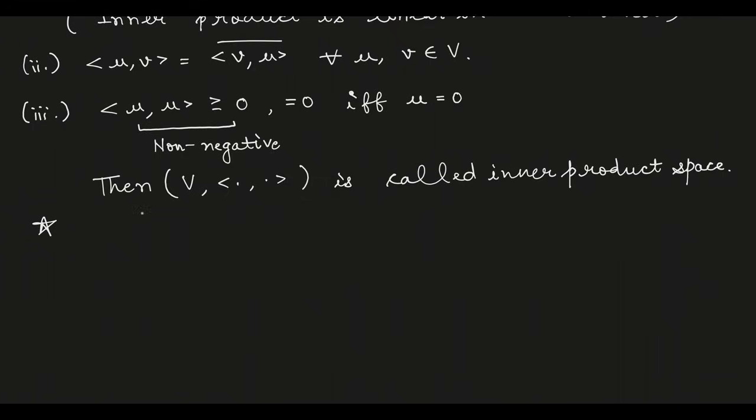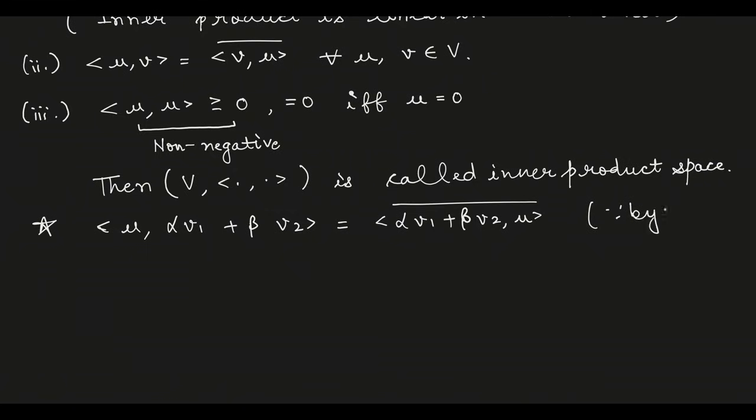Now another property: inner product of u comma alpha v1 plus beta v2. Now I can use property 2 and write it as the conjugate of inner product of alpha v1 plus beta v2 comma u. From here it will be alpha v1 comma u conjugate plus beta v2 comma u conjugate.